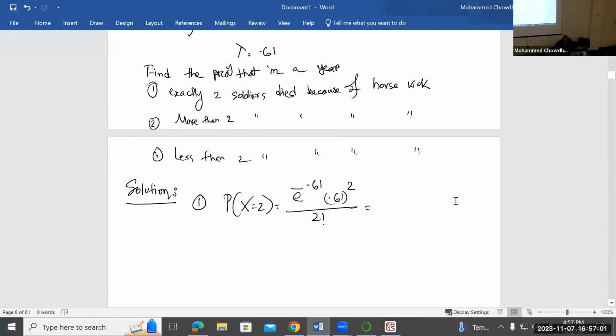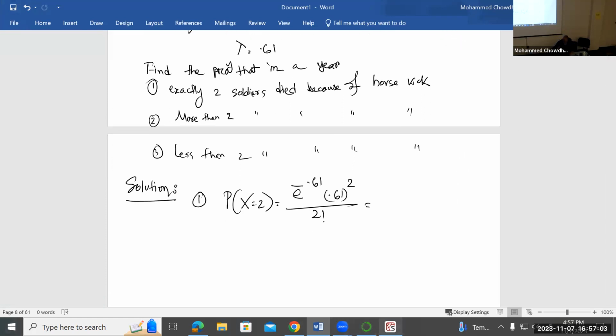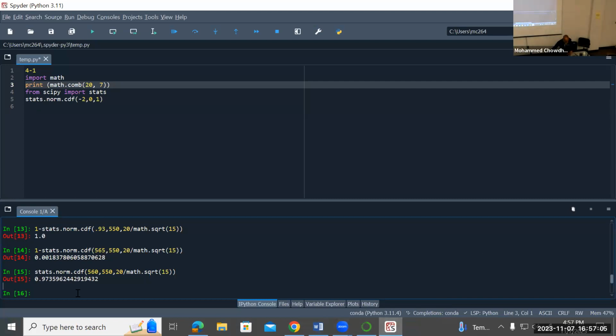So now I want to compute those things by using Python. Let me see. math.exp.